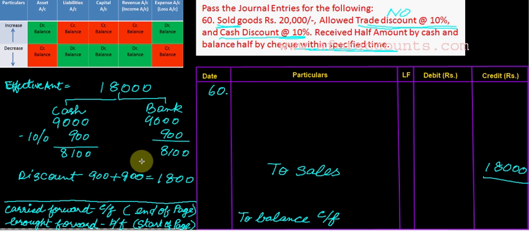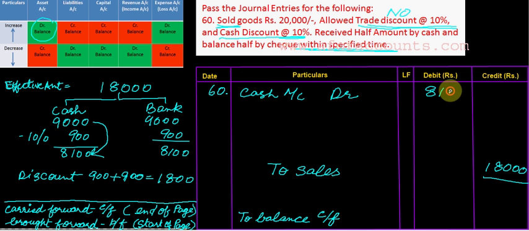Okay. So the entry passed will be, I am receiving cash 9,000 minus 900 discount, that is 8,100. So first of all, cash when received has to be debited. Cash account debit. Cash is an asset. When it increases, it has to be debited. So debit the cash account, debit rupees 8,100. Okay.